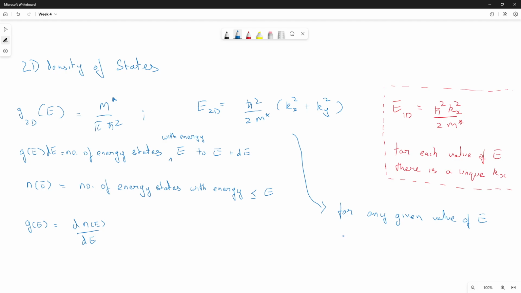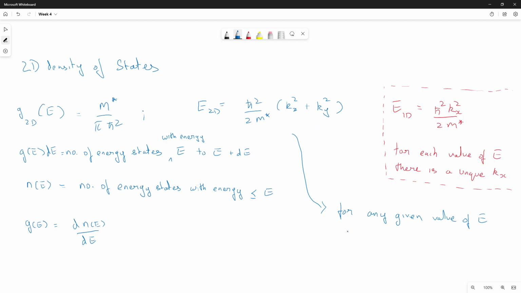Since there seems to be some confusion, let me give the answer. You can observe it from here itself. If I fix the value of the energy, I can take all the constants to this side, and I will have 2m star E by h bar squared equal to kx squared plus ky squared. That is nothing but the equation of a circle.